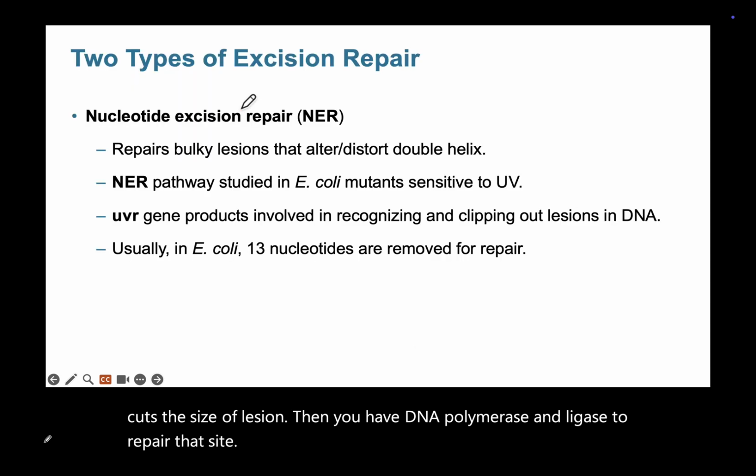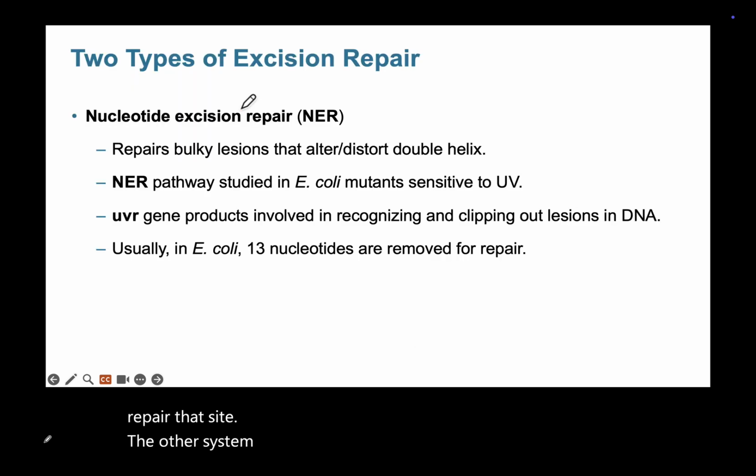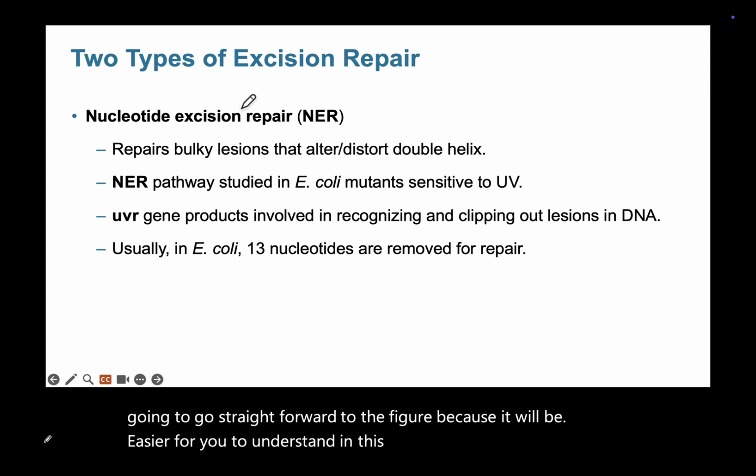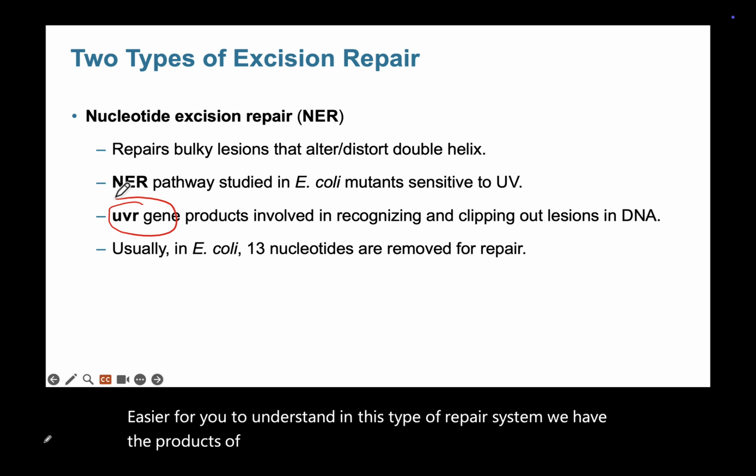The other system is the nucleotide excision repair. And again, I'm going to go straight to the figure because it will be easier for you to understand. In this type of repair system, we have the product of the gene known as UVR.